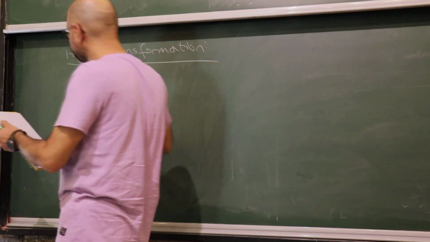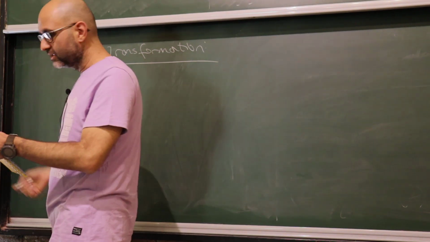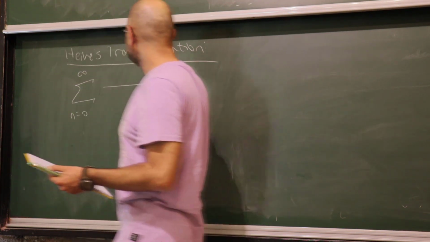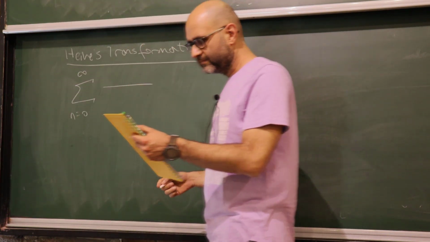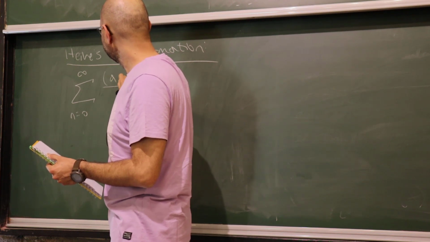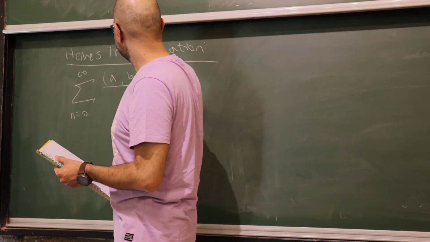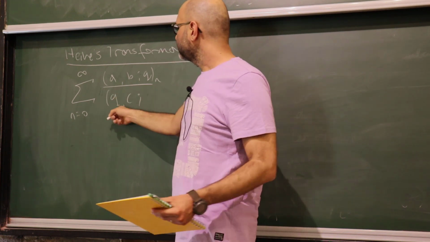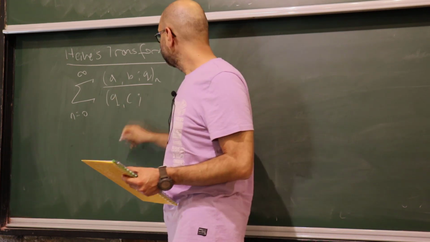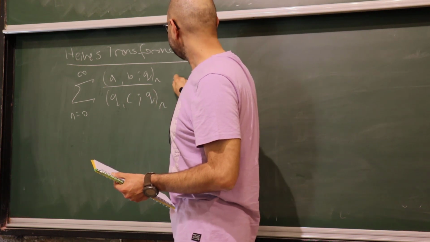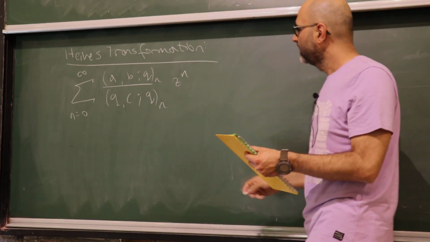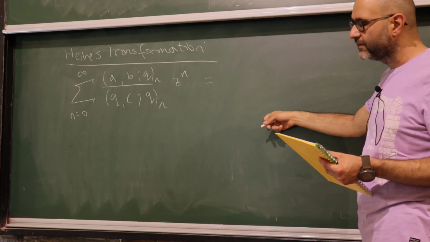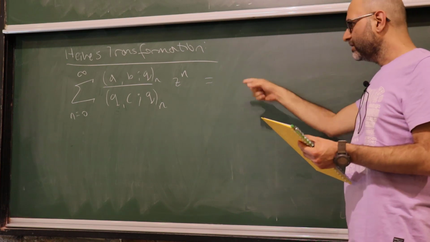Heine's transformation with these Q Pochhammer symbols is the sum n running from 0 to infinity, two parameters on top, two parameters down below, a, b, base q sub n. And one of the bottom parameters must always be q. The argument is z to the n. This equals an infinite product quotient of four infinite products, and then a similar sum.